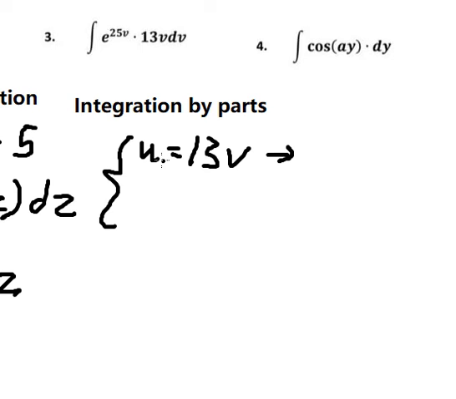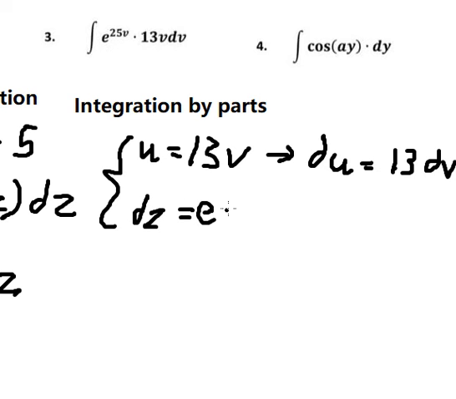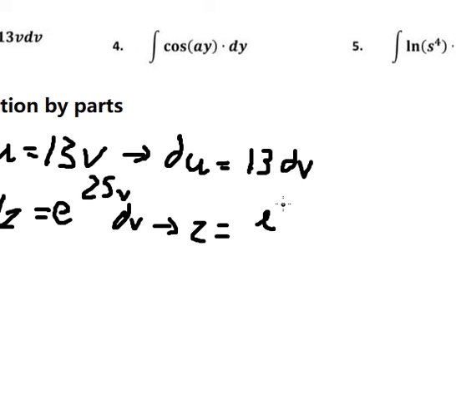So we do first the derivative for both sides, and we have du equals to number 13 dv. And we have dz, I will put e to the power of 25v dv. The integration of this one, we have z equals to e to the power of 25v over 25.